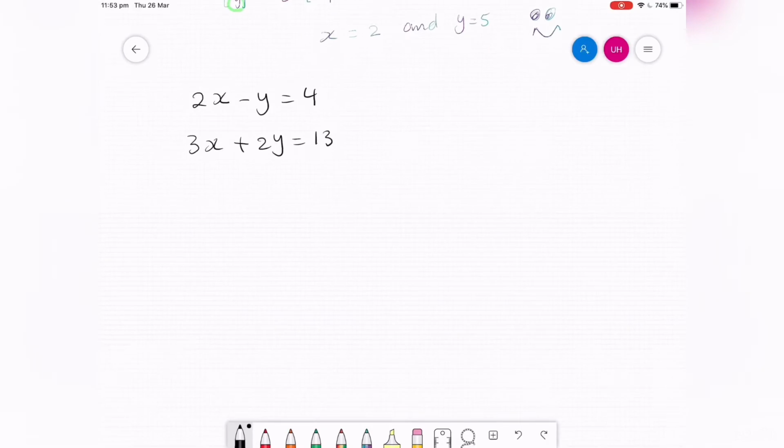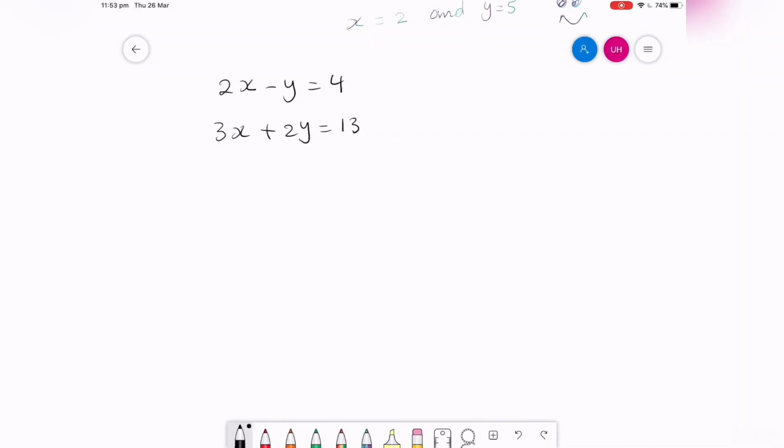First of all, we need to write these two equations in one matrix form.